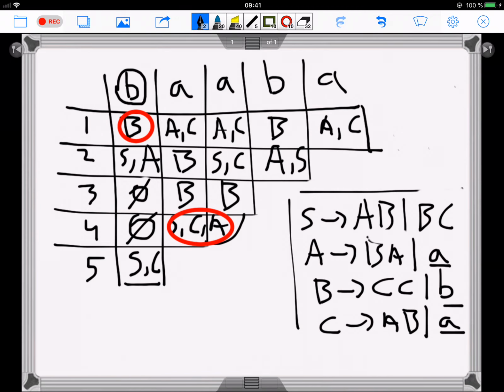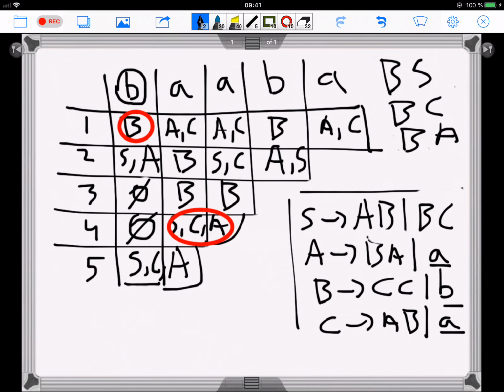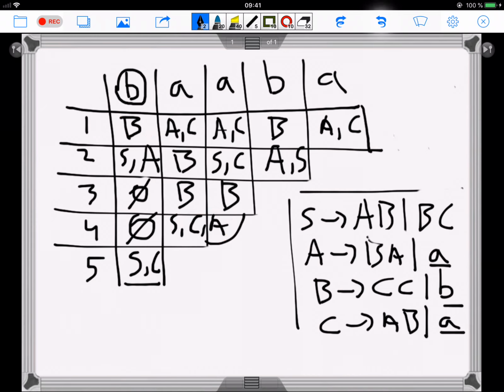So we have three possibilities, which are BS, BC, and BA. BS is not generated by any variable. BC is generated by S. BA is generated by A. So we also need to include A here. Okay, let me remove all this before, and then I include also A here.